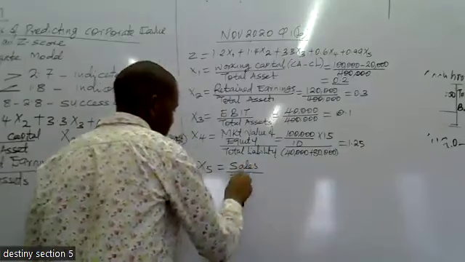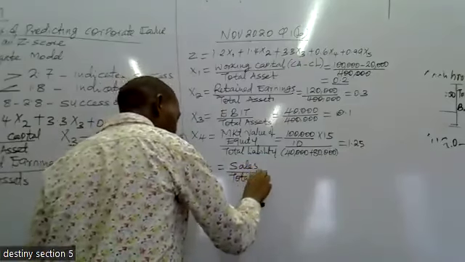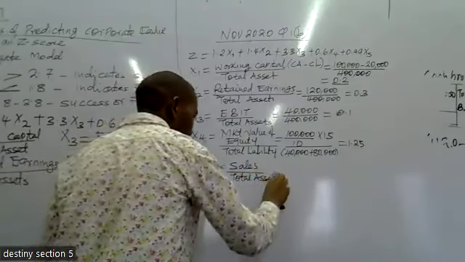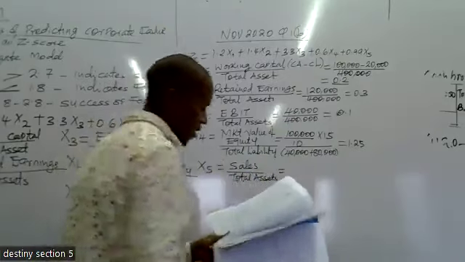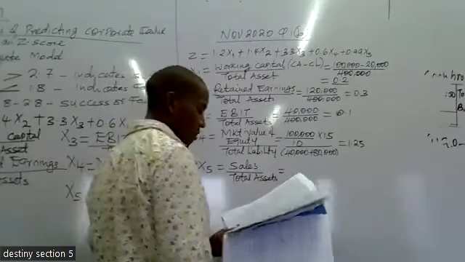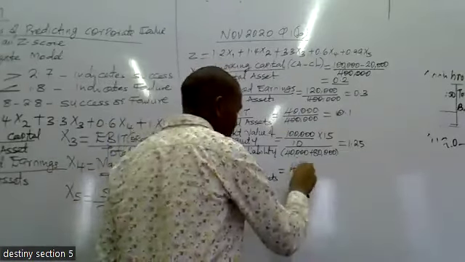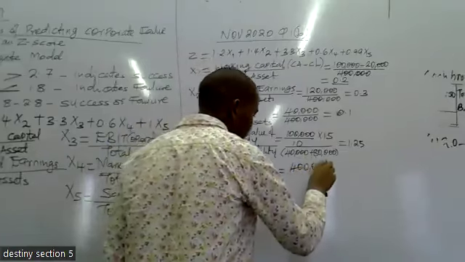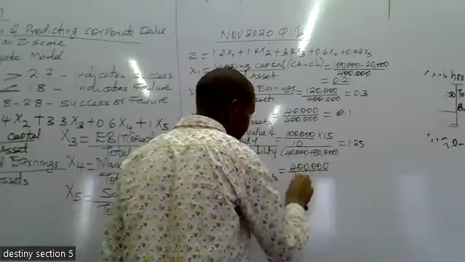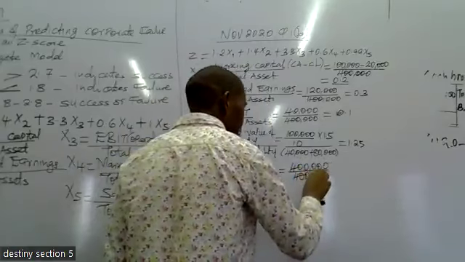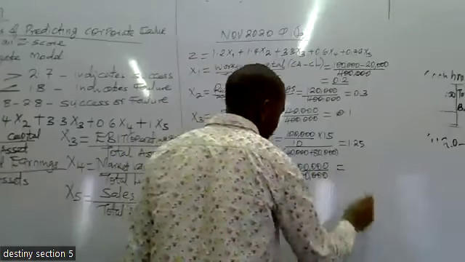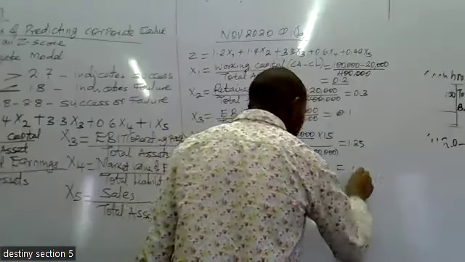You have sales over total assets. So what is our sales? Our sales in this case, we have 400,000. We divide by 400,000, which in this case is 1.